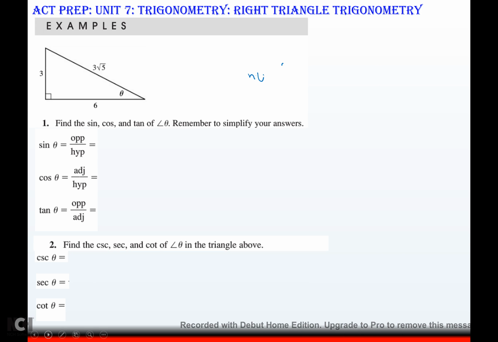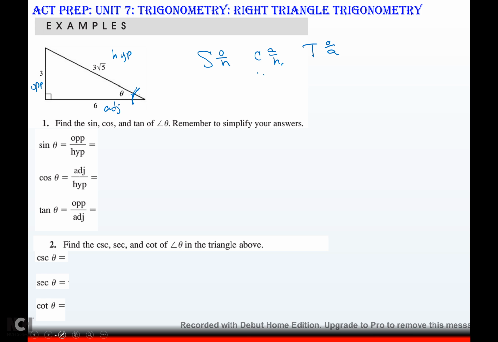All right, some examples. It wants me to find the sine, cosine, and tangent of angle theta. They're telling me I'm working from theta, so the first thing I do is label my triangle. From this perspective, this side is adjacent, this side is opposite, this side is the hypotenuse. Once you've got that done, you can do Soh-Cah-Toa.